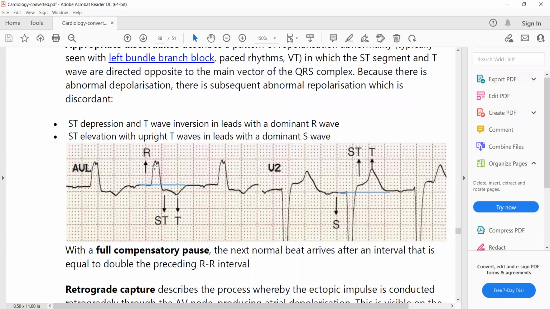So broad QRS complex with discordant ST segment or T wave changes makes the diagnosis of a premature ventricular beat. Similarly, in another example, you can see that QRS complex is downward or it is negative, and the ST segment and T wave are elevated.